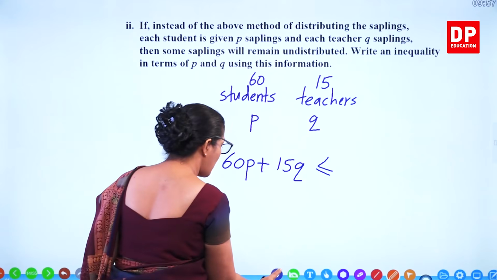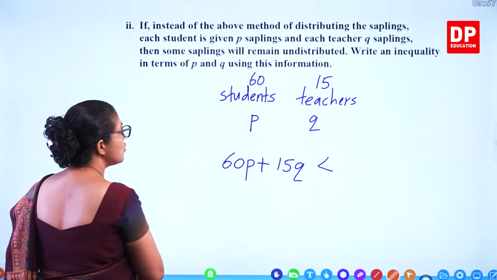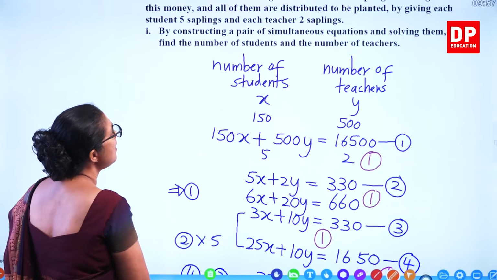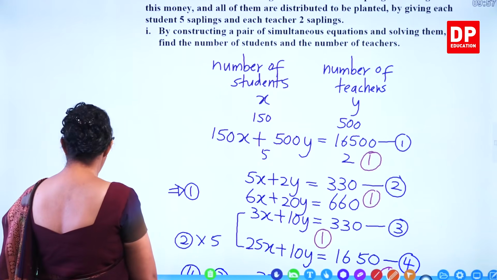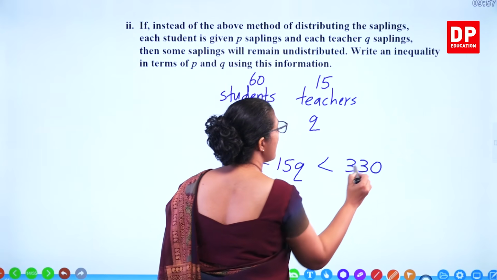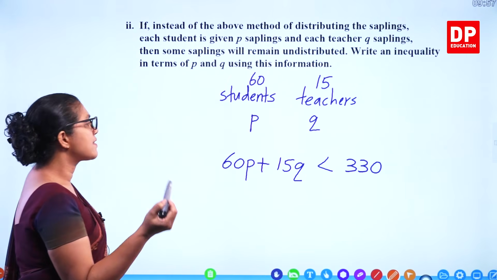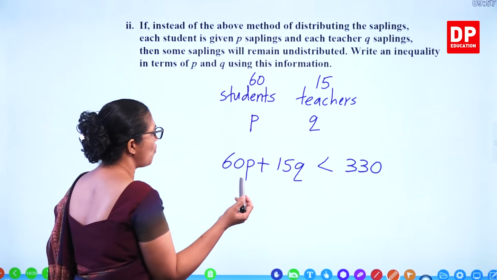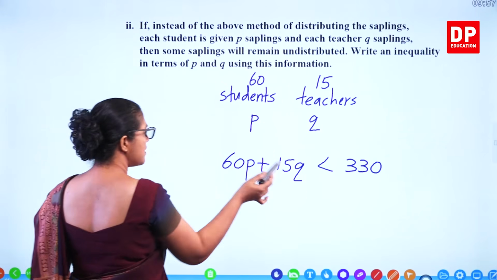So you can't use the equal sign. This should be less than. Altogether, how many saplings are there? 330 saplings. So this should be less than 330. So that's the inequality. You can simplify if you want, but you are getting marks for this step as well.